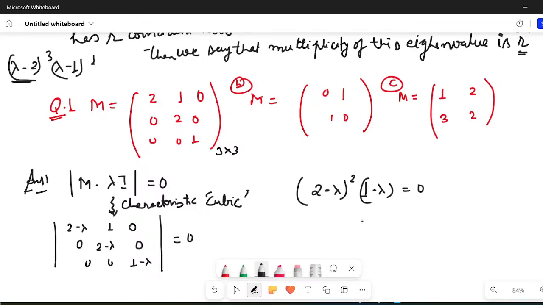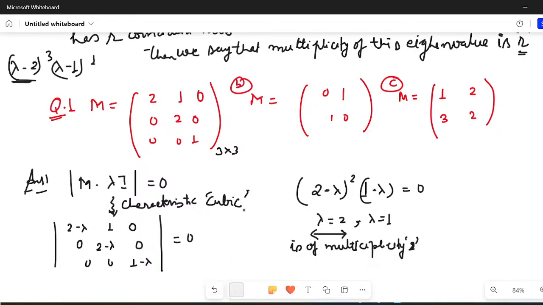That implies lambda equals 2 and lambda equals 1. In fact, the eigenvalue 2 is of multiplicity 2. I know such questions are not going to be asked in the examination. Just focus on whatever I'm saying right now.